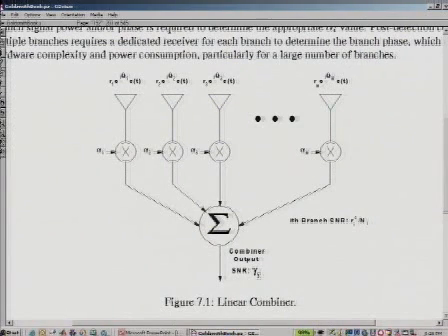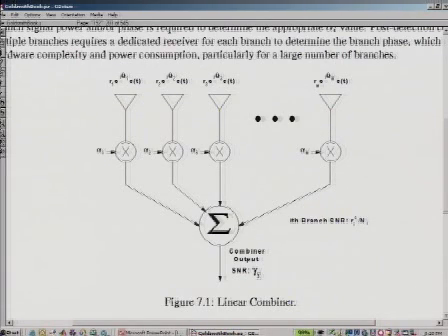So we have capital M antennas, and each one picks up a copy of the same signal, S of t, except multiplied by a different coefficient, which is, let's call it H, and it has an amplitude, R, and a phase theta. So for example, the first antenna picks up the signal S of t times H1, which will be R1 times e to the j theta 1. Okay, that's the low-pass notation for the multipath fading of the first antenna. The signal picked up by the first antenna, and there's a second copy picked up by the second antenna, and so on and so forth.